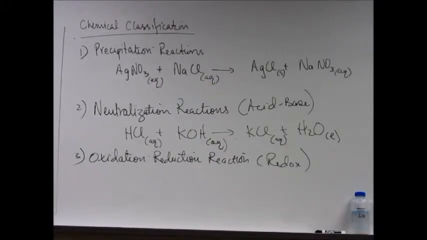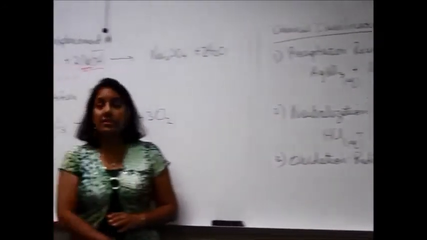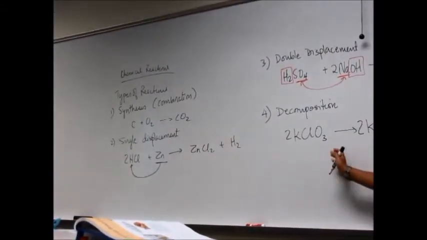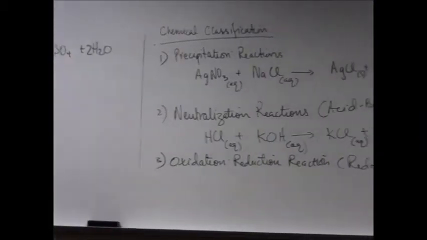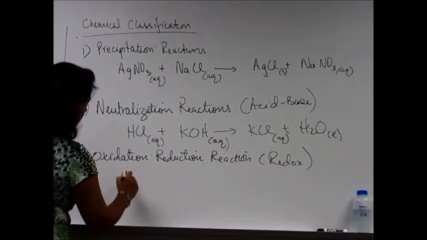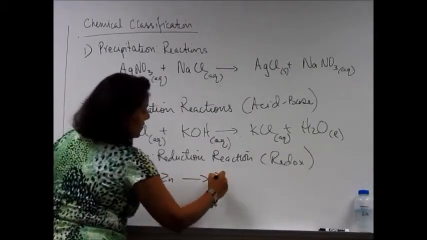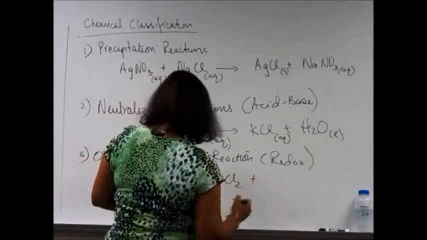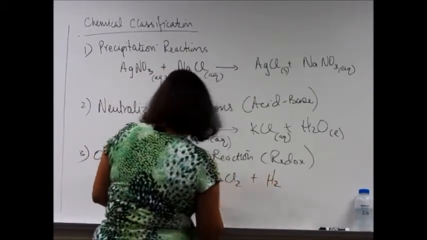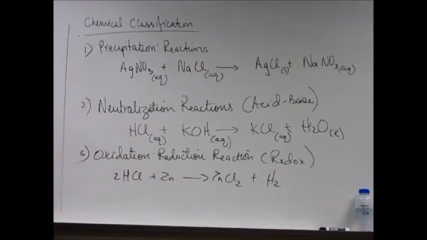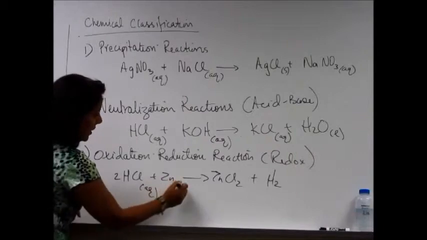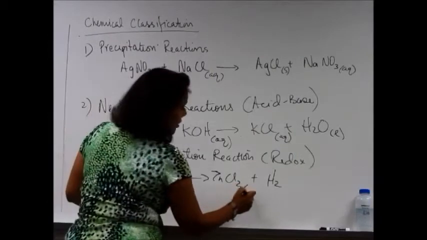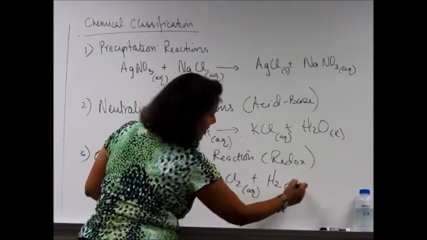A lot of the oxidation reduction reactions are actually the first two kinds there, the synthesis, the single displacement, and sometimes even decomposition. So those three are actually going to be your redox reaction, so it's a lot. I'll just do this one over here, HCl plus zinc to give zinc chloride and H2, so 2 here. HCl is aqueous, zinc is a solid, zinc chloride is aqueous, and hydrogen is a gas.